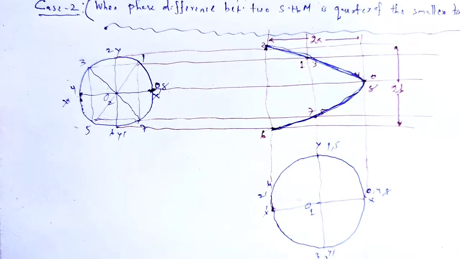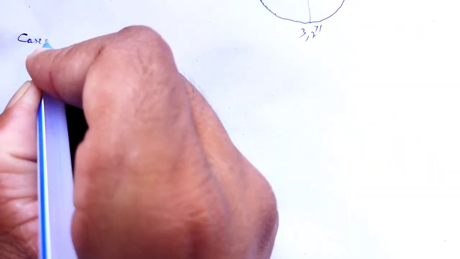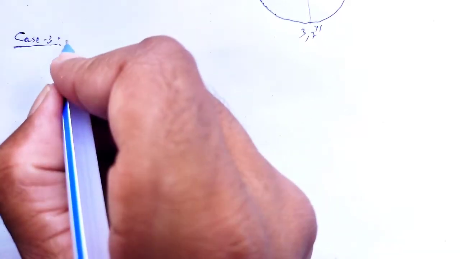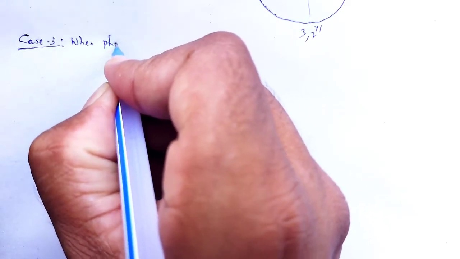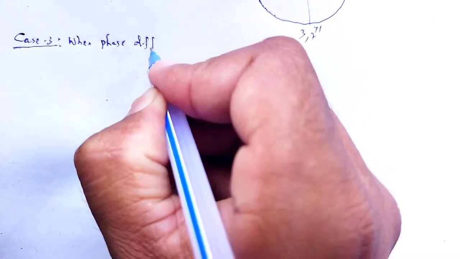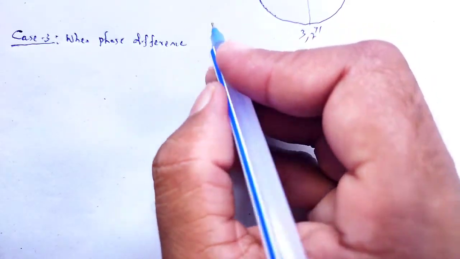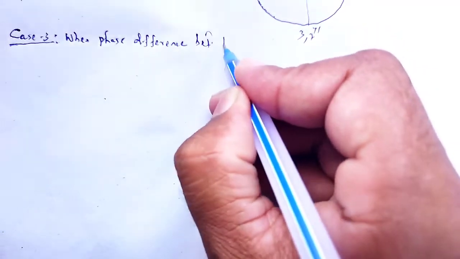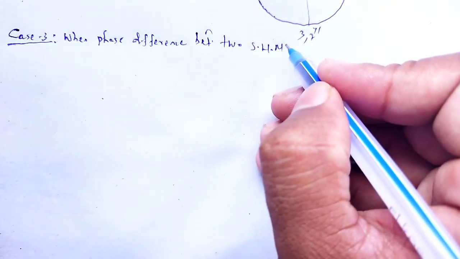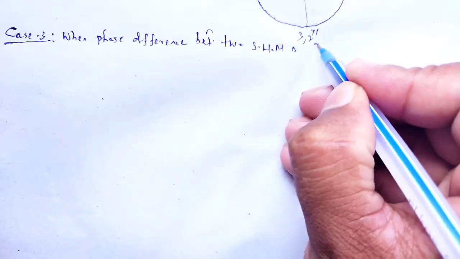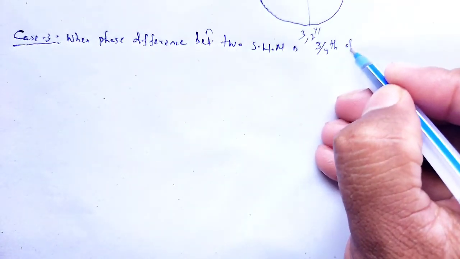Next, case number 3. When the phase difference between two simple harmonic motions is 3/4 of the smaller time period.